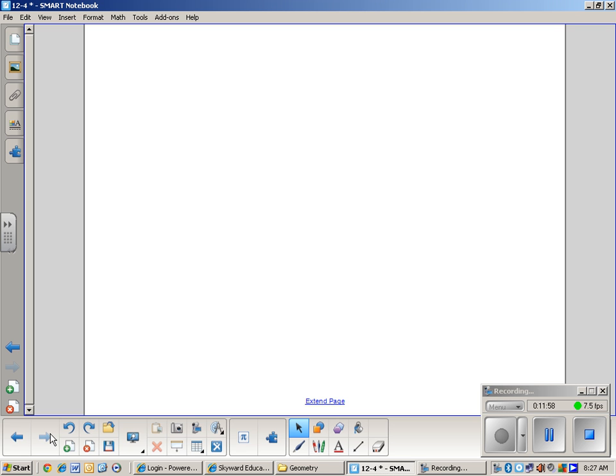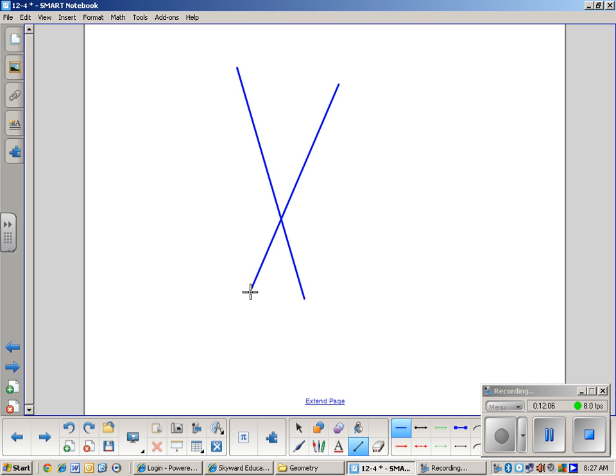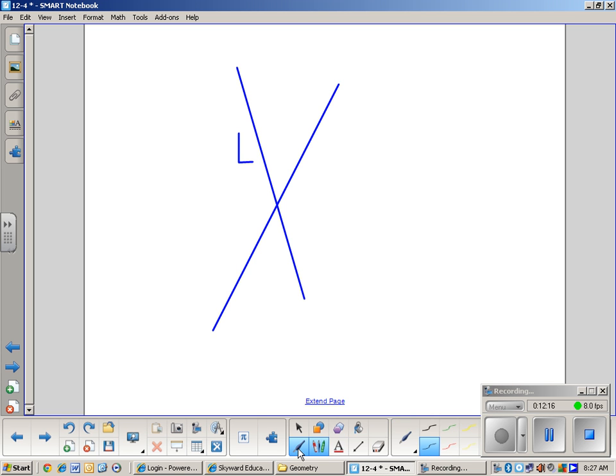If we go over intersecting lines, so let's just draw a picture like this, we'll put an L here. If we reflect this over intersecting lines, I get an L that looks like this. I must have held my mirror too close.